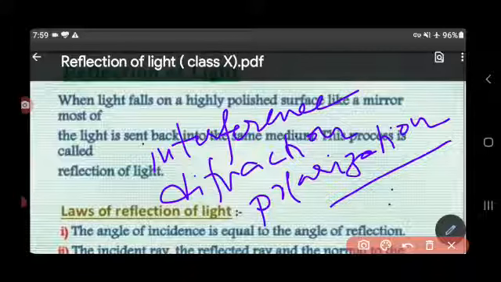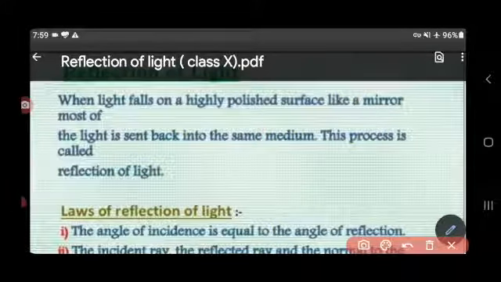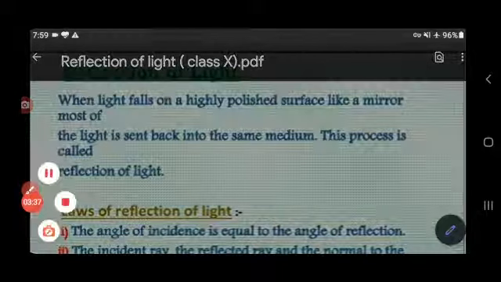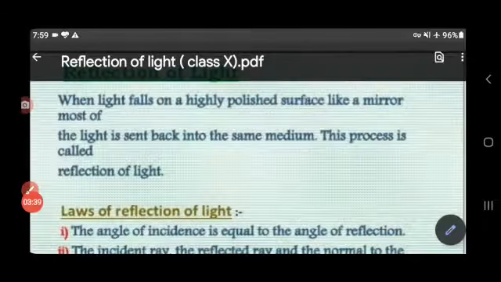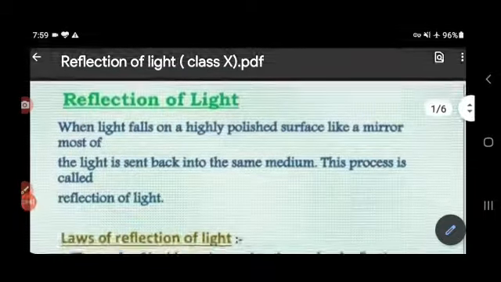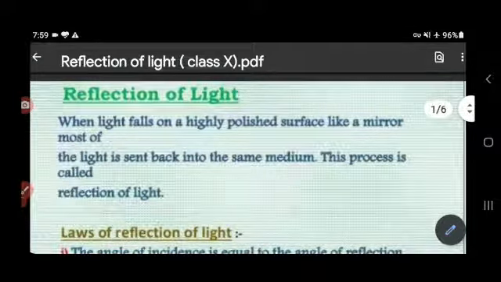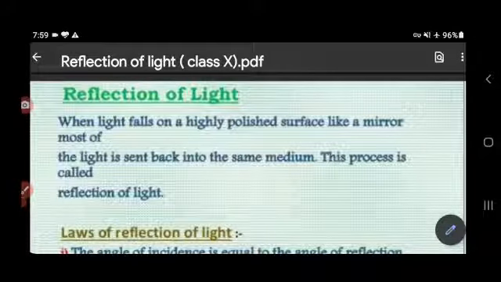I repeat, reflection is the phenomenon due to which light can be bounced back in the same medium. Means the medium from which light is coming, after striking an obstacle, it will bounce back in the same medium, and this phenomenon is called reflection of light.